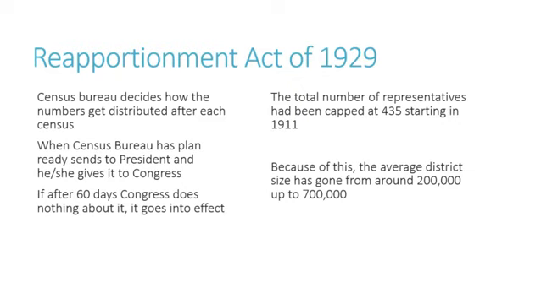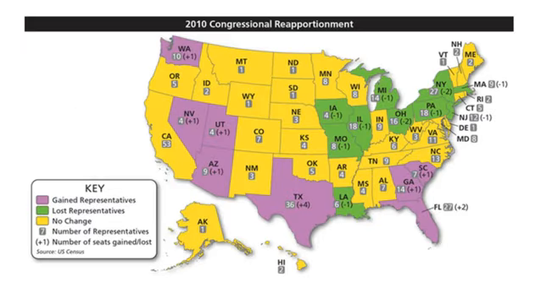I believe our population is around 300 million, but I would have to look that up, so don't quote me on that. So now the average voting district for the House is up to 700,000 per district, and it used to be at 200,000. Now every representative is representing a lot more people than it used to, but again, Congress wants to keep the number at 435.